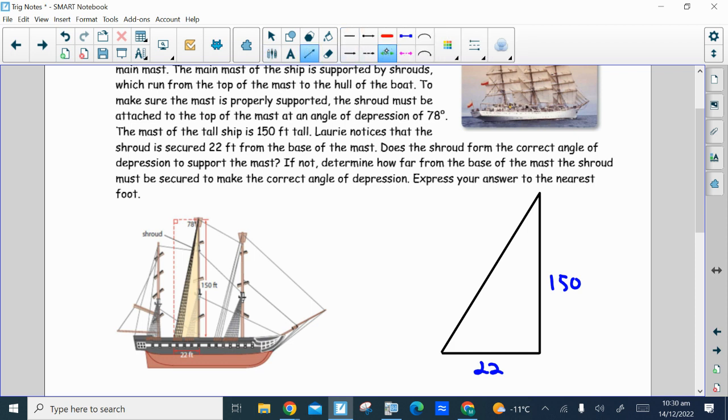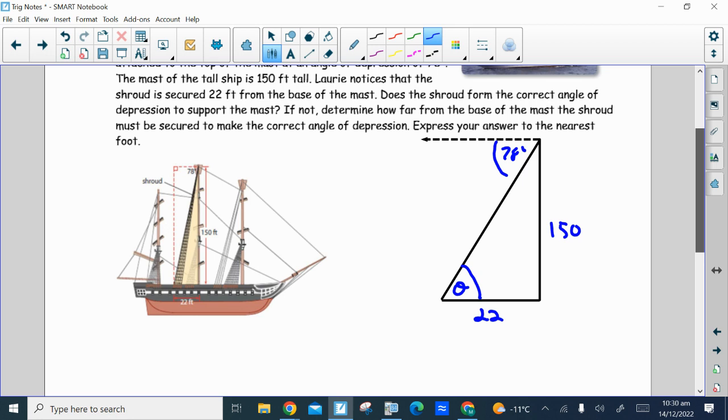She thinks that the angle of depression, which is measured downwards from the horizontal, is 78 degrees, which means that the angle of elevation upwards should also be 78 degrees. But we're going to check to make sure that it is by finding the measure of this angle here and seeing if it is 78 degrees, because that's what it's supposed to be. So that's what we're going to find.